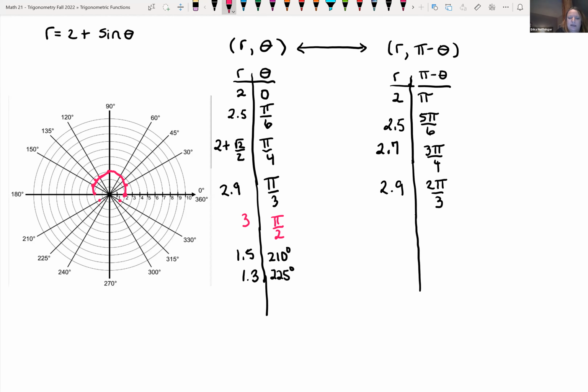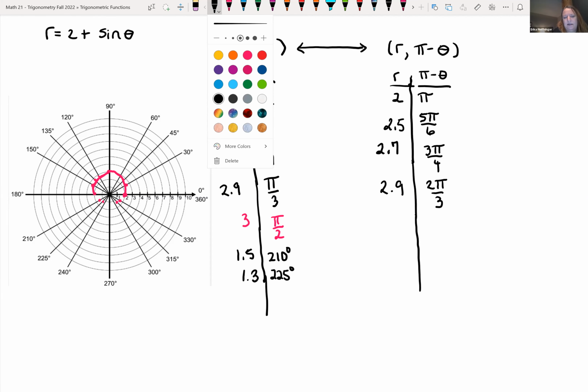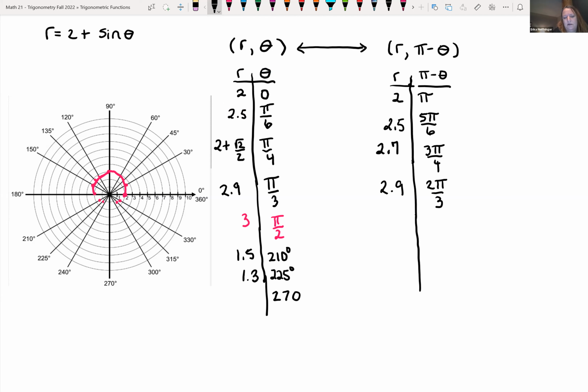So at 225, I have approximately 1.3, symmetrical across that line. Let's see what we're getting at 270 degrees. I know that sine of 270 degrees is -1, and so r is equal to 2 minus 1, which gives me back 1.